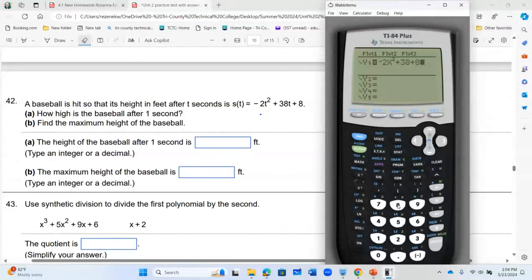All right. And then you want to grab this equation. But before you grab the equation, go to your window and make an estimate of the window. So I am actually going to start from negative 15 to 15.